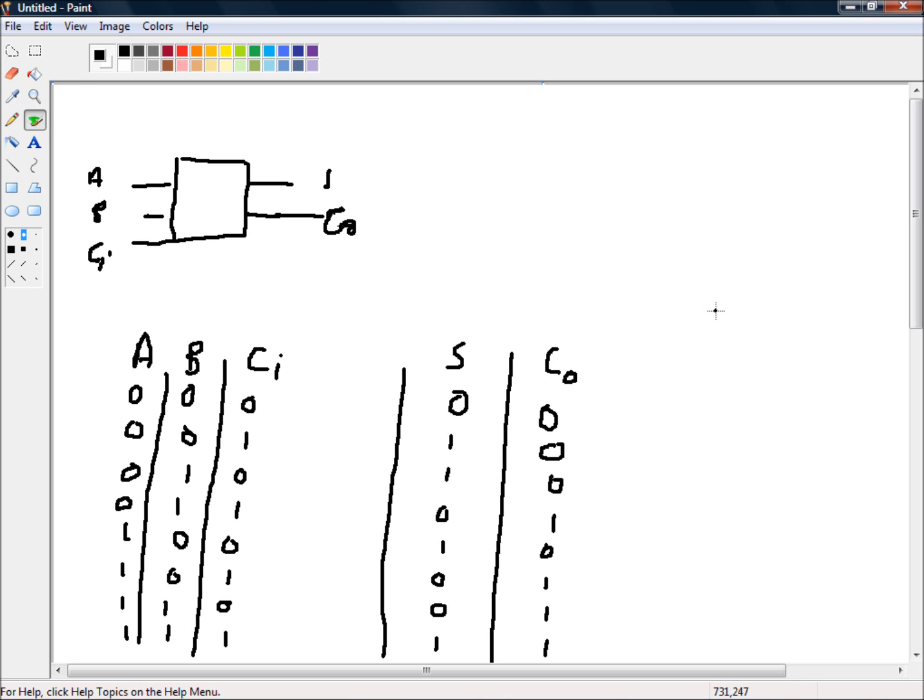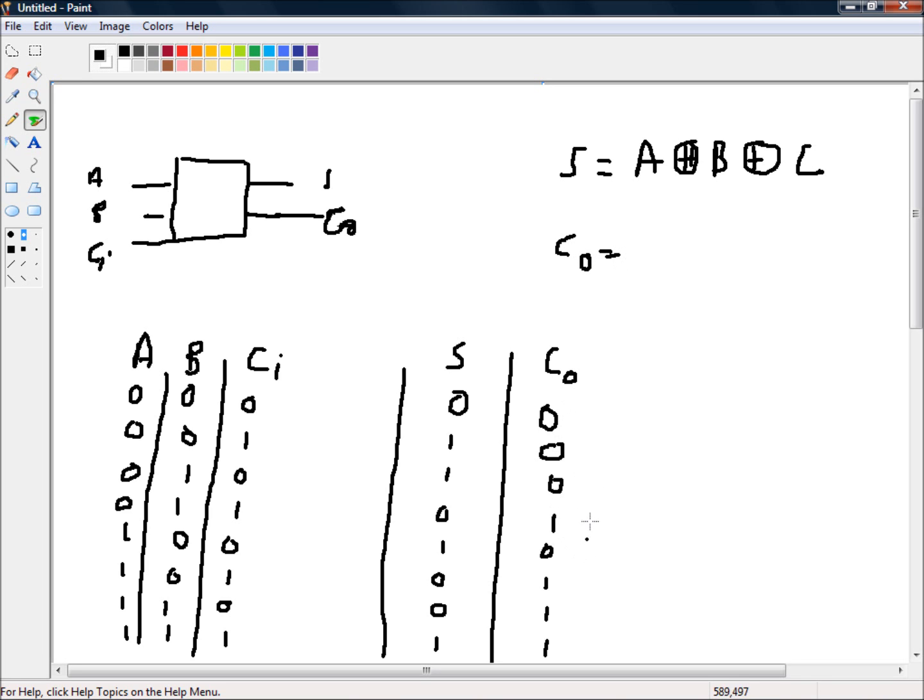So sum equals A exclusive OR B exclusive OR C.